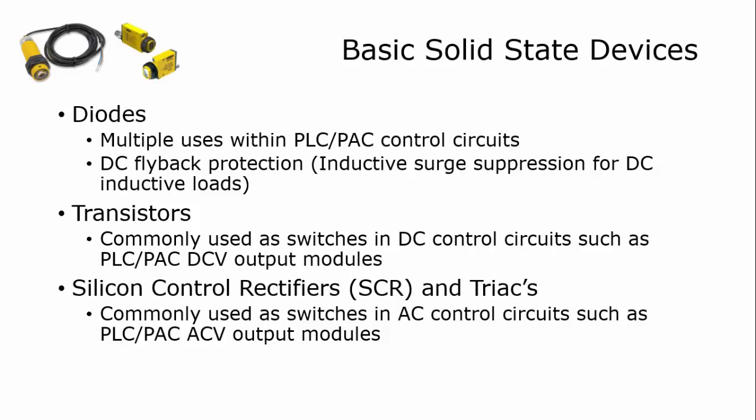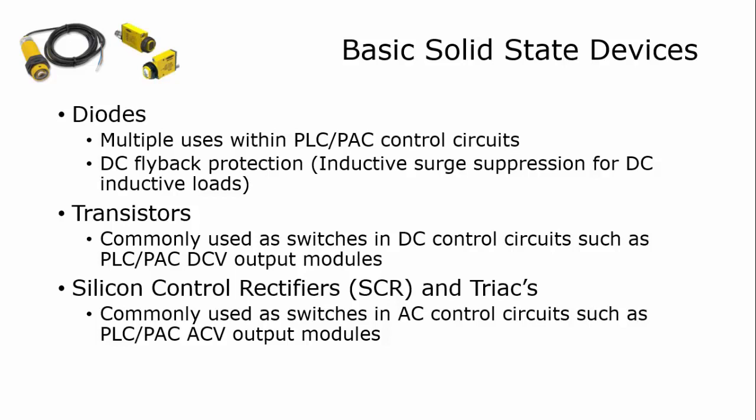So diodes are used all over the place, and they're used in multiple locations and multiple applications within control circuits. One of the applications that we're going to talk about a little later in this course is DC flyback protection.